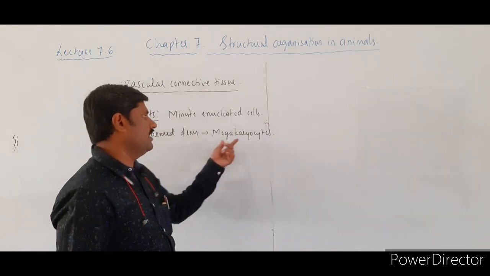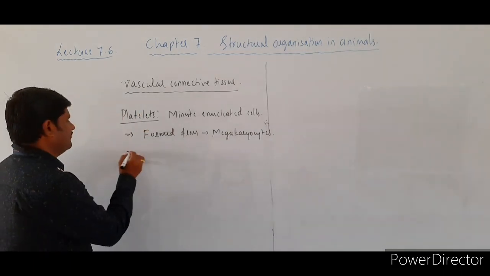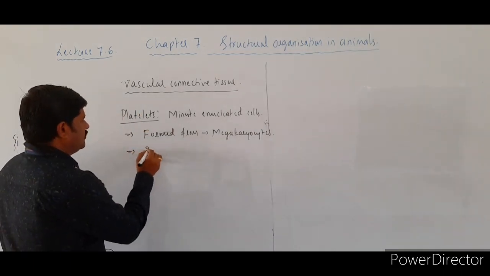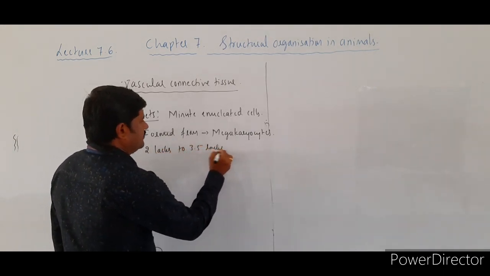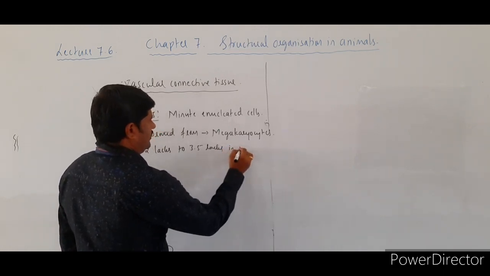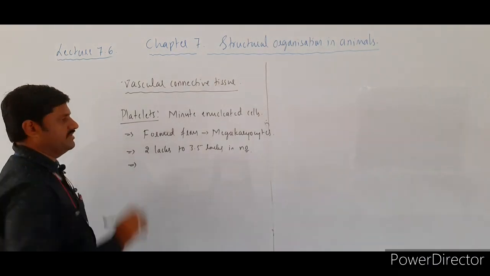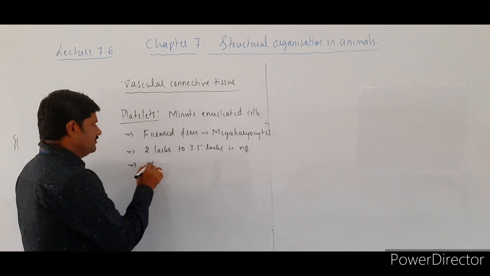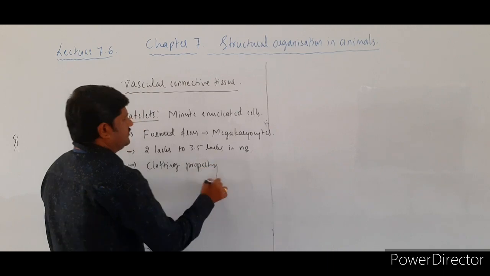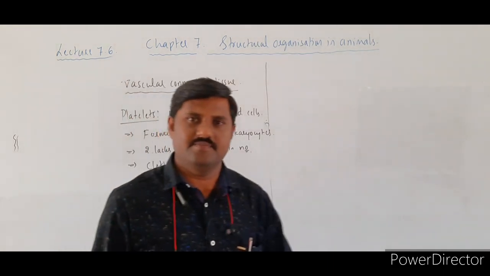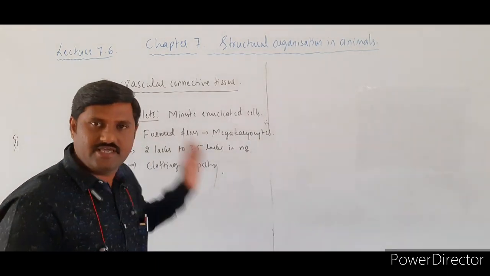Megakaryocytes: megakaryon means nucleus, so they are large nucleus-containing cells from which platelets are formed. Platelets number 2 lakhs to 3.5 lakhs per 100 ml of blood usually, and they have the clotting property, meaning they help in clotting of the blood.